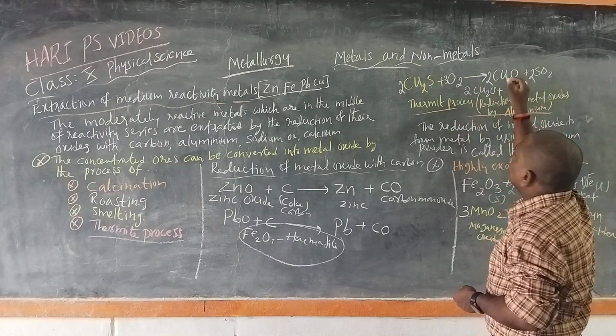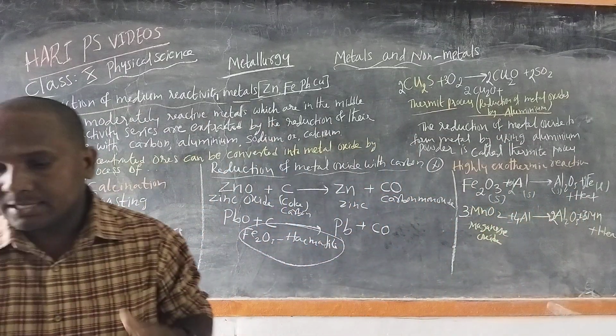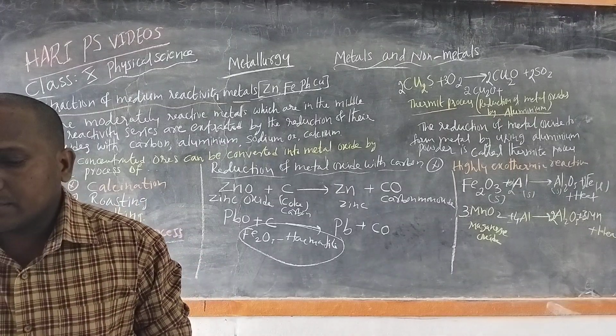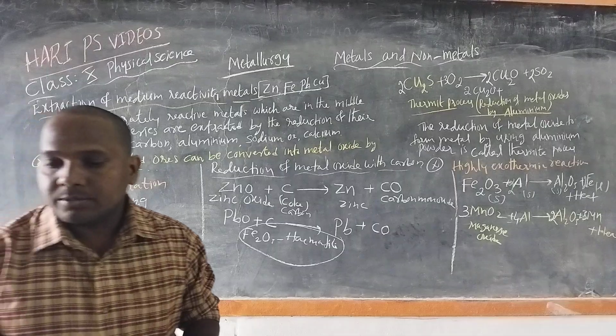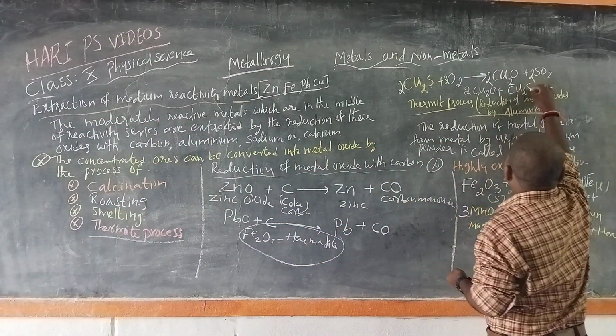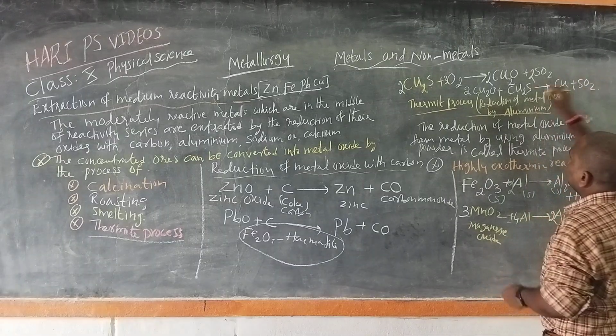Cu2O. When the supply of air is stopped, the temperature is raised. The rest of the sulfide reacts with the copper oxide and forms the metal. So this Cu2O again combines with this and gives us copper plus sulfur dioxide.